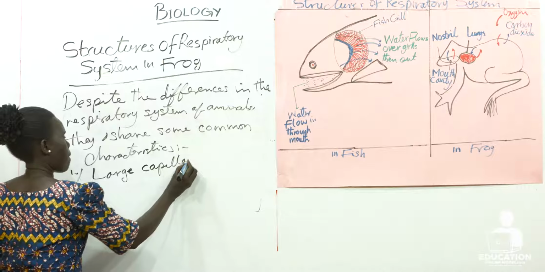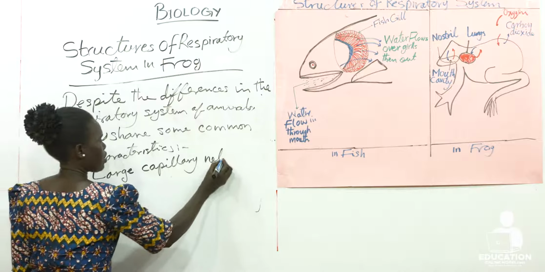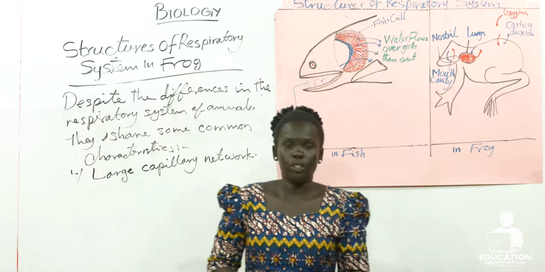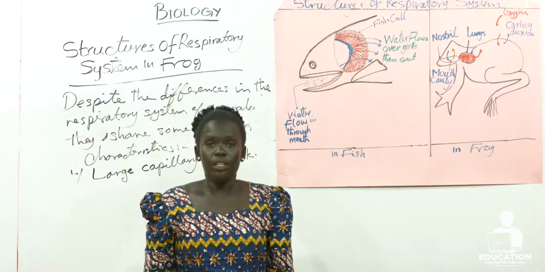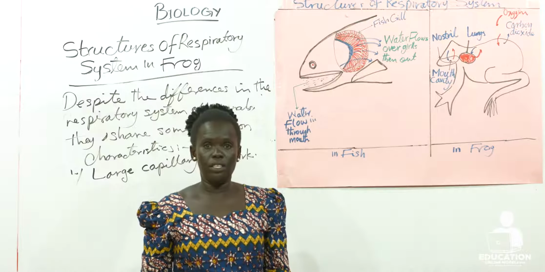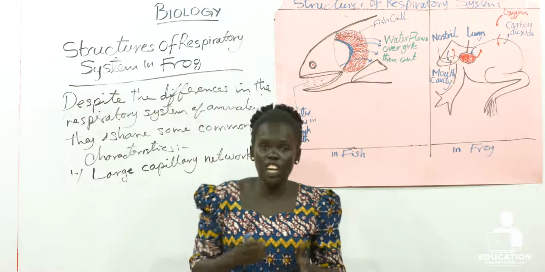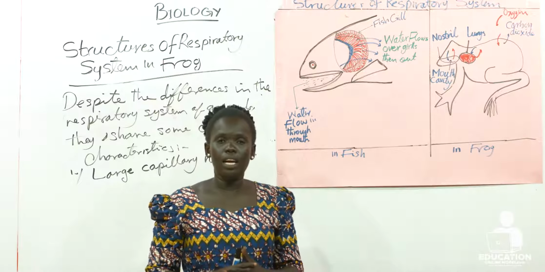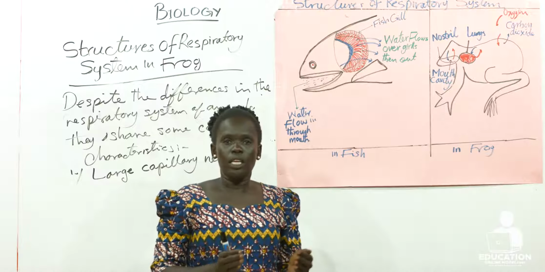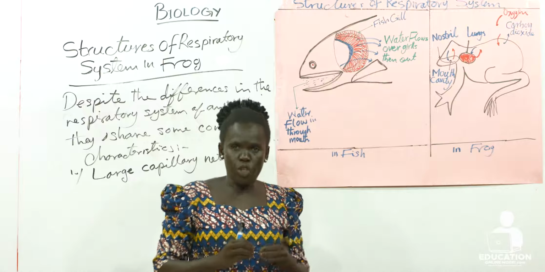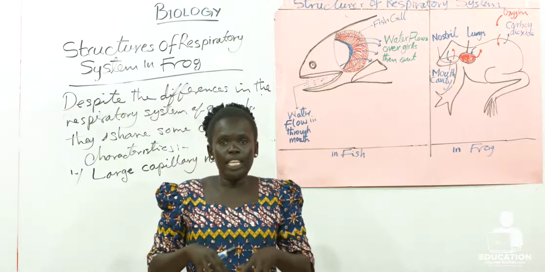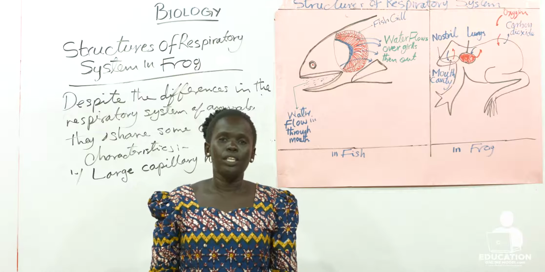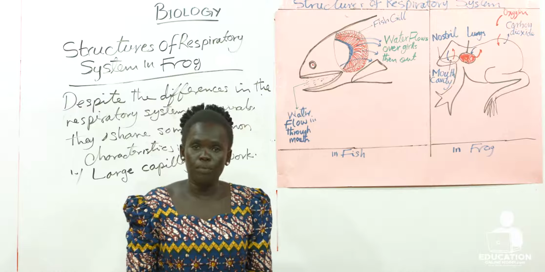The surface where the gases are exchanged is normally surrounded by a network of blood capillaries, because the oxygen in the air drawn into the lungs will diffuse into the bloodstream to be carried to the rest of the body.